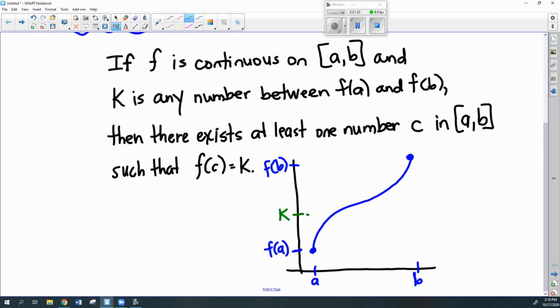Then there has to be an x value, we call that c, that corresponds to that y value on the graph. And so that's all that's saying. And then in a few minutes, we will review how that might come up on an AP type problem.